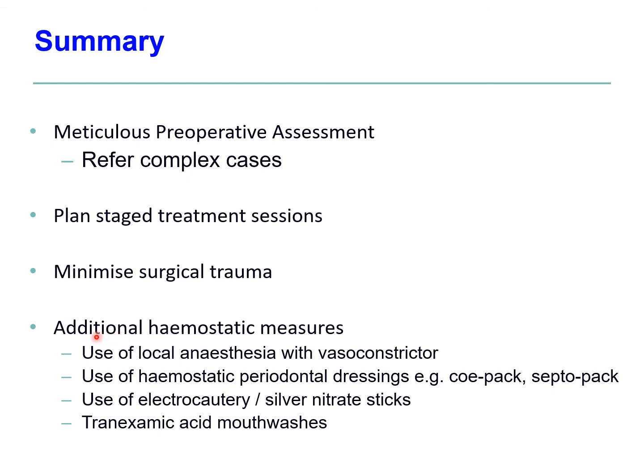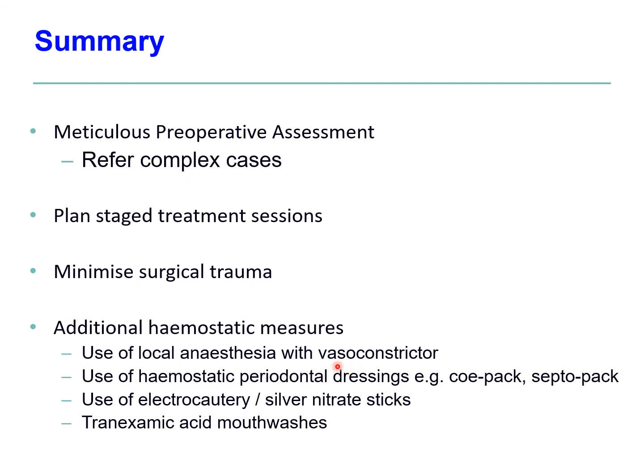There are additional hemostatic measures you can take. I would say use of local anesthesia with vasoconstrictor remains the most practical measure you can take to minimize bleeding, particularly from the gingival soft tissues. Transseptal injections are quite helpful, where you inject directly into the attached gingivae.